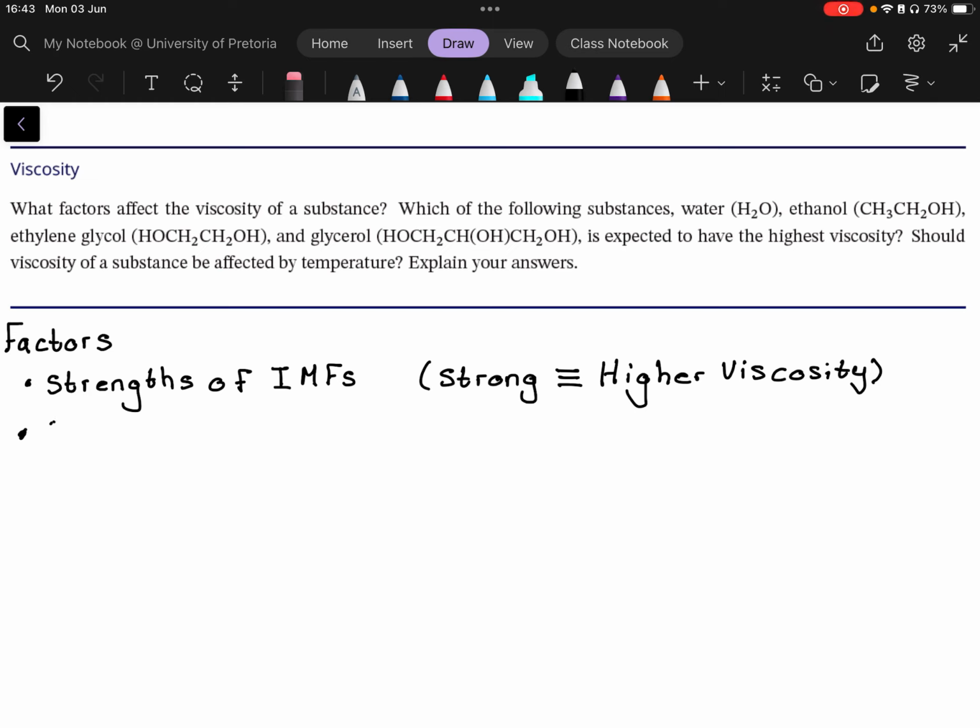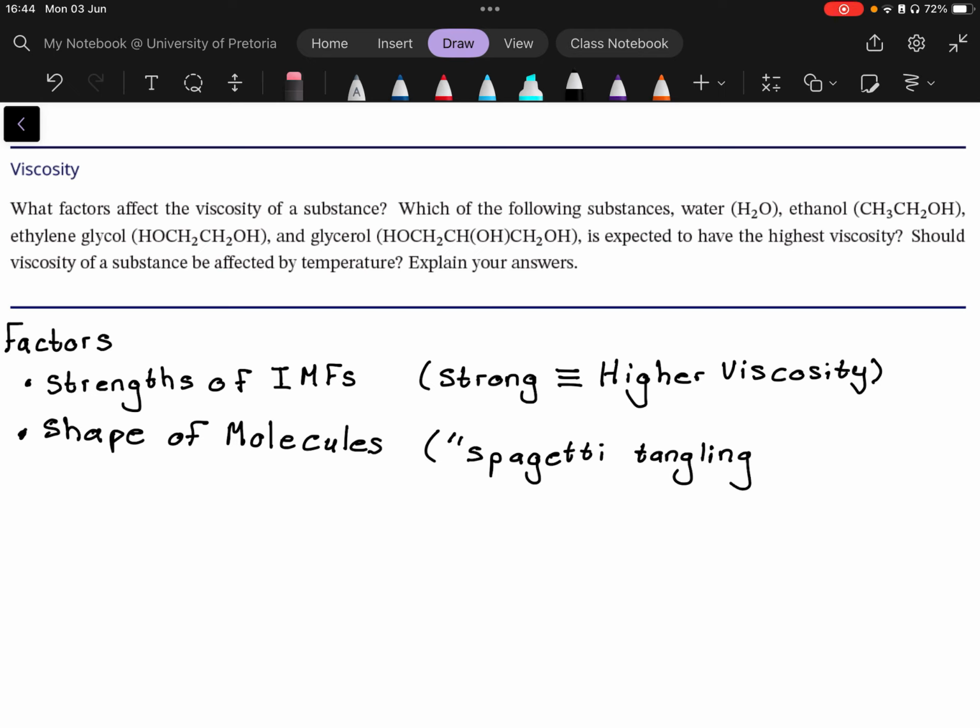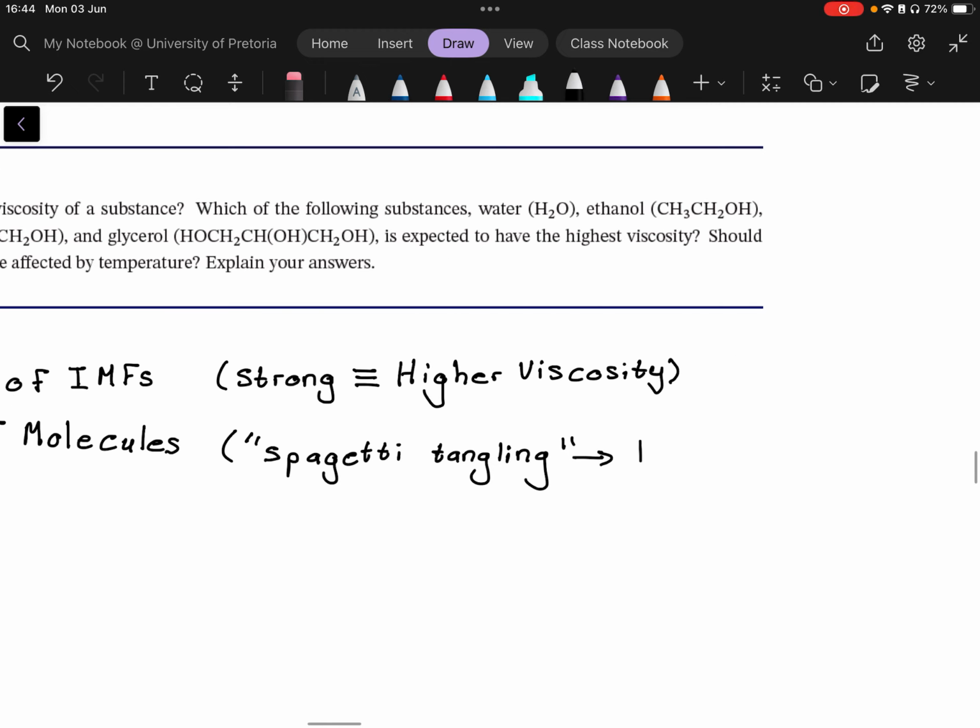Further factors are, of course, the shape of molecules. If they look more like spaghetti or little marbles, the marbles roll more easily than spaghetti. Spaghetti is going to become tangled, which I link to the idea of long molecules.